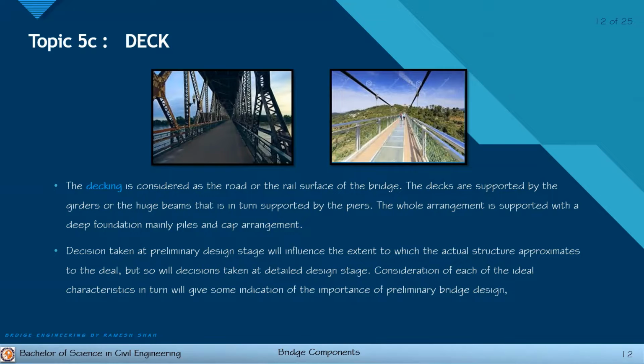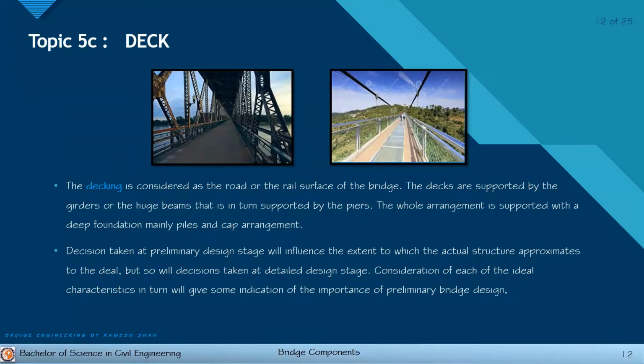So para dito, ang superstructure natin, nandito na, parang nakumpleto na yung parts ng ating bridge, kung saan matatransfer ang ating loadings. So para sa superstructure, we have the girders, beams, and decking.